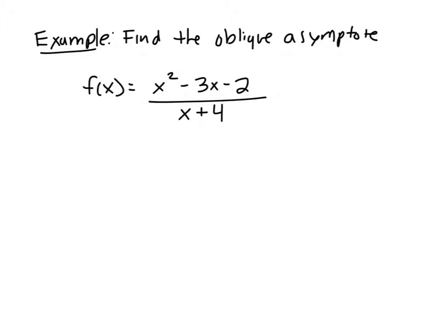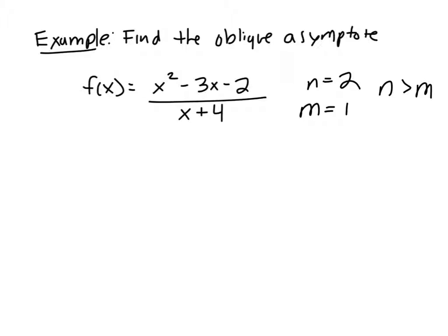Okay, so let's do an example where we have to find this oblique asymptote. First, you notice that up on the top the degree is n equals 2. On the bottom, the degree is 1. So n is more than m.